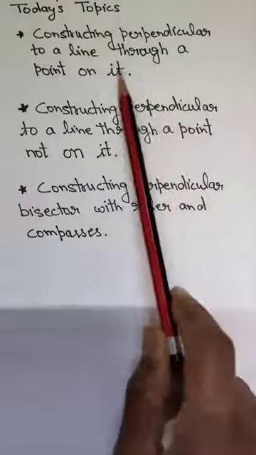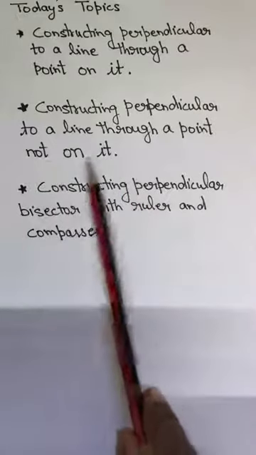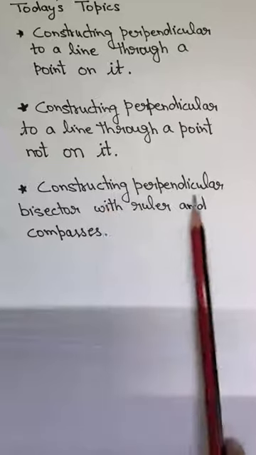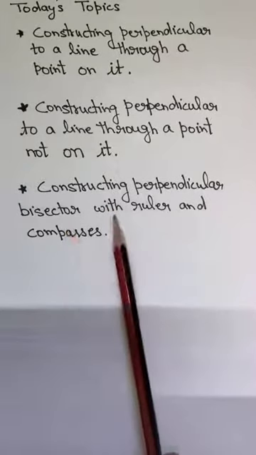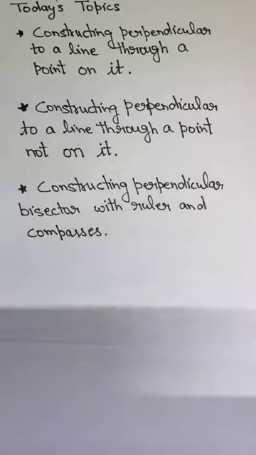First we will draw when the point is given on the line, then when the point is not on the line. After that we will do constructing a perpendicular bisector with ruler and compass. Perpendicular bisector means making a 90 degree angle and also dividing the line into two equal parts.